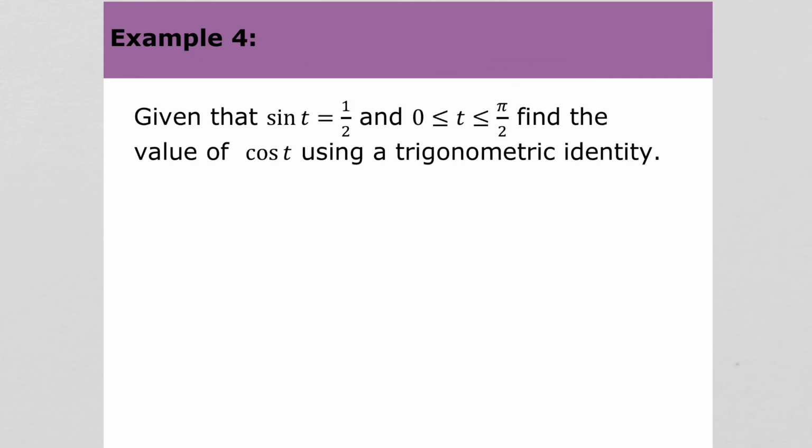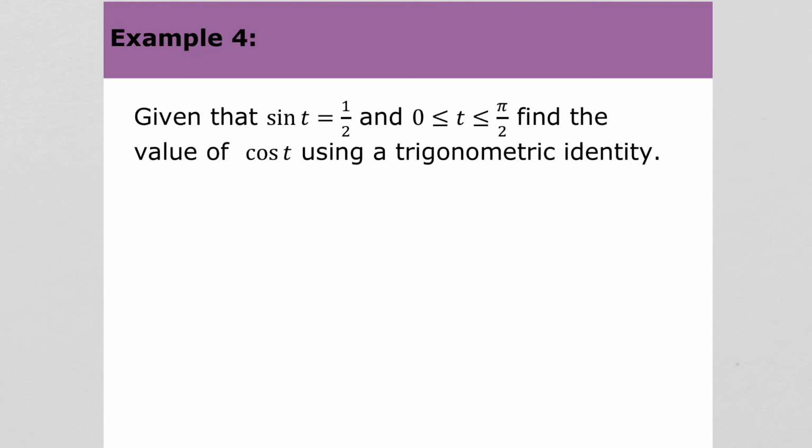Example 4 says, given that sine of t is 1/2, and that t is between 0 and pi over 2, find the value of cosine using a trigonometric identity. Now, first of all, let's talk about this 0 to pi over 2. Where is 0 to pi over 2? That's in the first quadrant, okay? So this is important information.